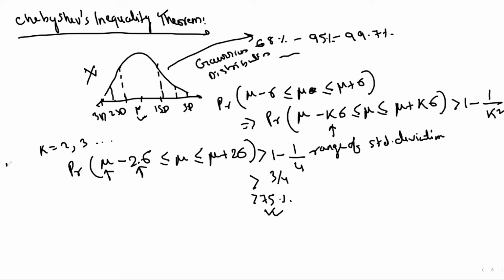Similarly, if k is equal to 3, the probability of the data falling between its mean and third standard deviation is what?